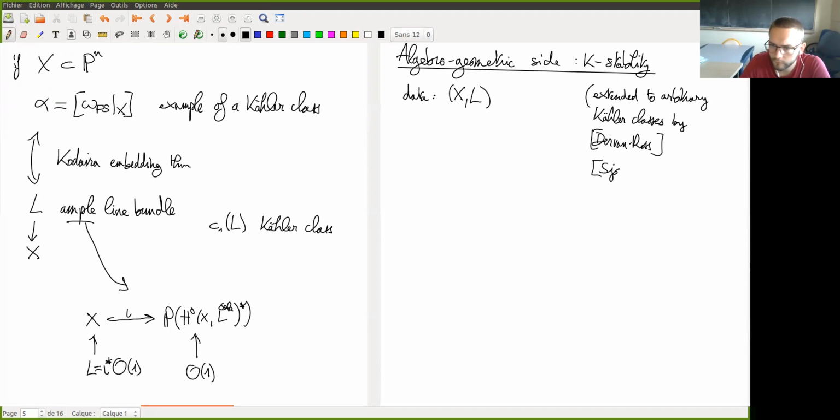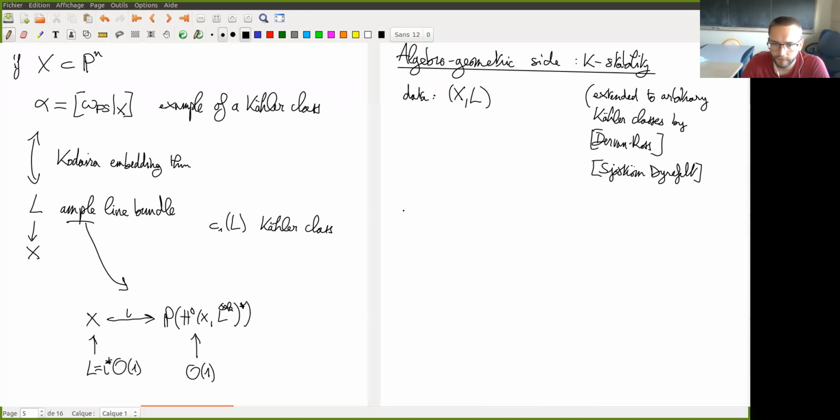So it's not really a strong assumption to say that it comes from a line bundle. There will not be really differences, but let's consider this.